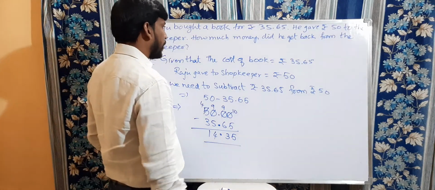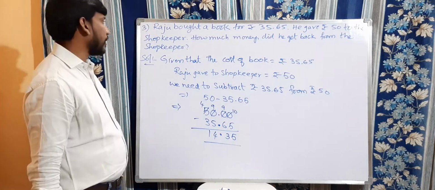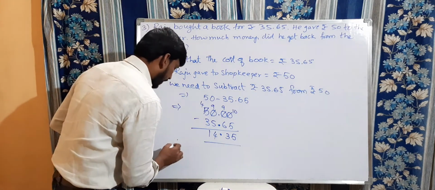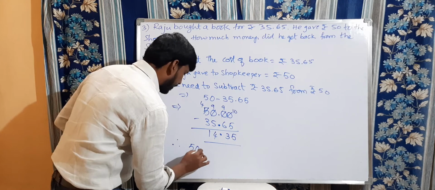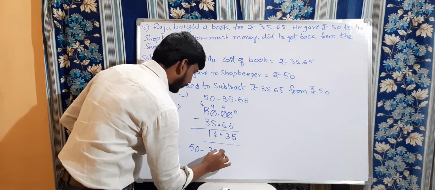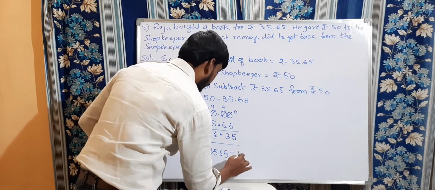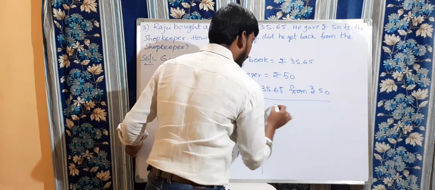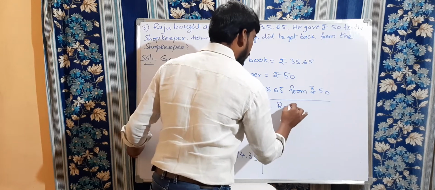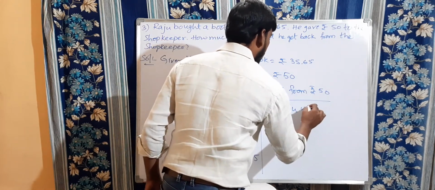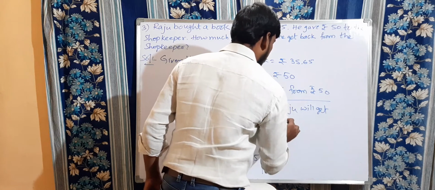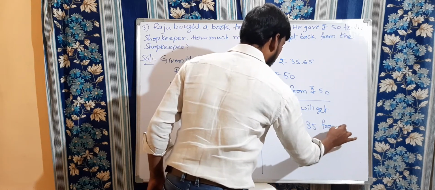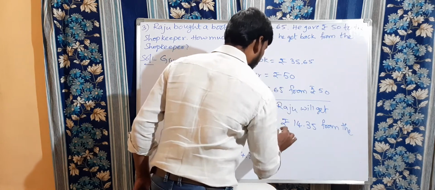14.35. So how much amount does Razu get back? Rupees 14.35. So therefore here, 50 minus 35.65 is equal to 14.35. So therefore, Razu will get rupees 14.35 from the shopkeeper.